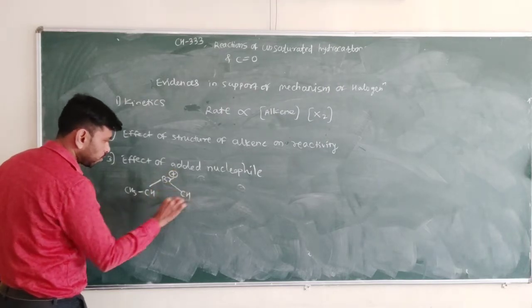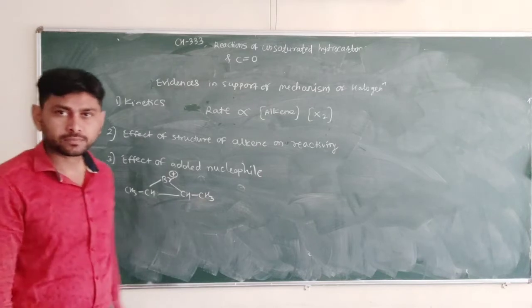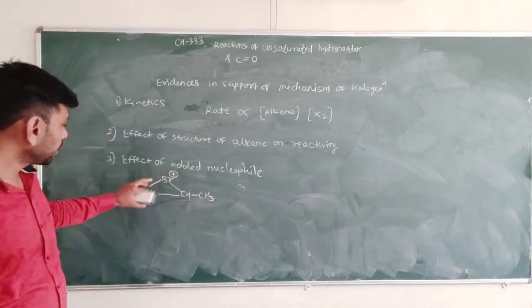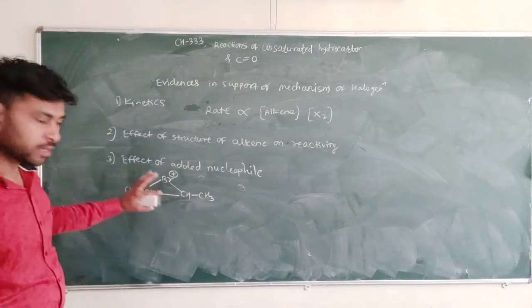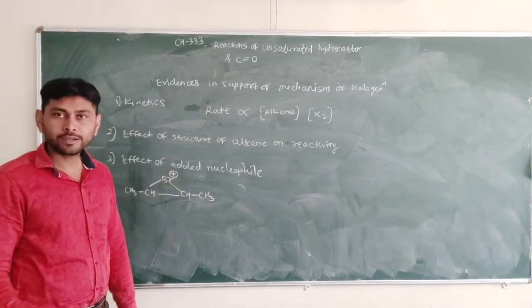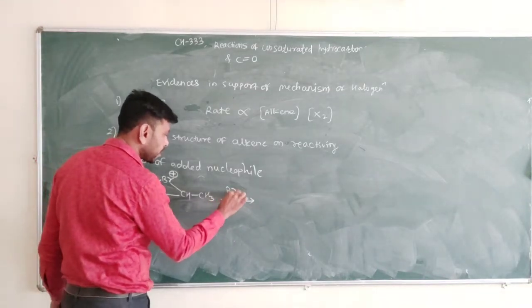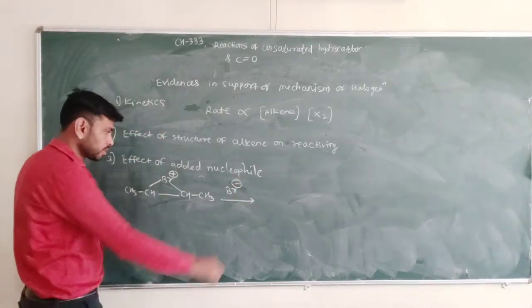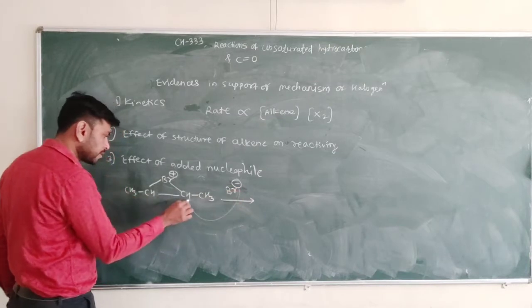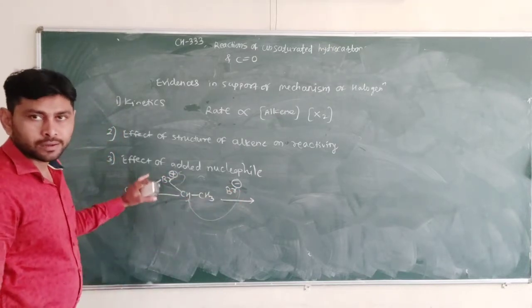This halonium ion is prone to react with a nucleophilic group, and here by default Br minus is generated in the process. So Br minus attacks, the ring opens, and we get vicinal dihalides.